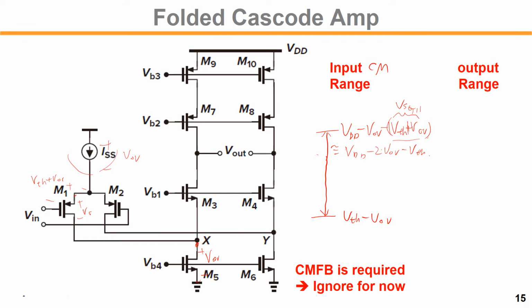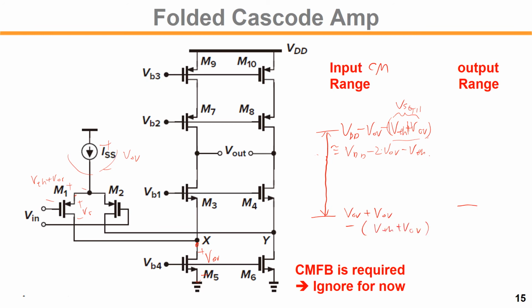So now the output range is what? The minimum is that, wait a second, for the minimum voltage, it's not the V overdrive plus overdrive minus VTH plus V overdrive.